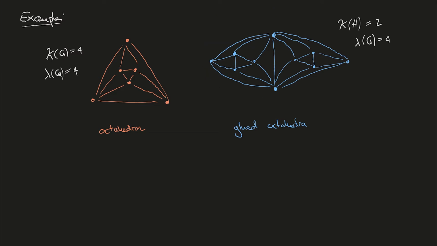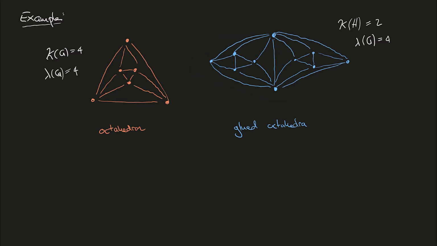But if we think about it, this isn't possible, because if we have one connected component containing one of the copies of the octahedron, which would be necessary in order for the cut not to be a cut in the original octahedron, then automatically we're creating a cut in the other octahedron. So in fact, any cut in this glued octahedron will induce a cut in the simple octahedron, and this means that the edge connectivity of the glued octahedron has to be at least 4.